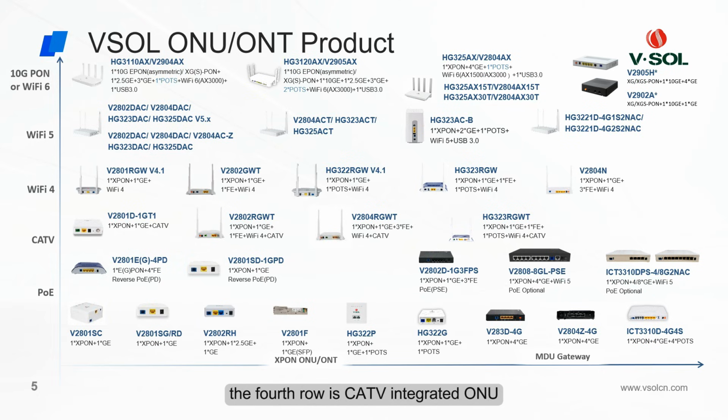The fourth row is the CATV integrated ONU. The number of network ports in this row is only 1 to 2, but there is a CATV interface. Those who do not have high requirements for Wi-Fi and need CATV to watch TV can choose this option. The fifth line is the ONU that can support PoE power supply.